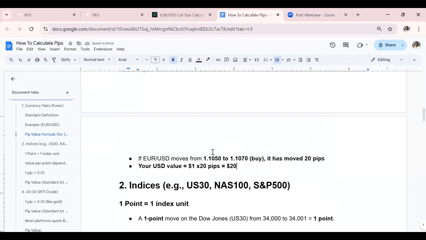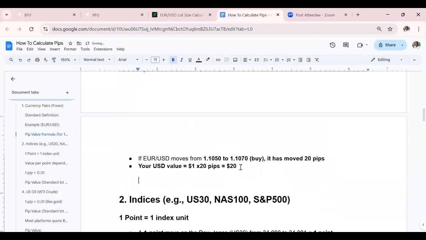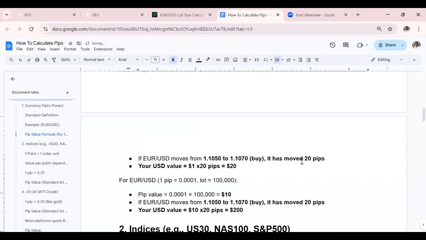If we repeat the same calculation for the micro lot size, this one is 1,000 units for micro lot size.